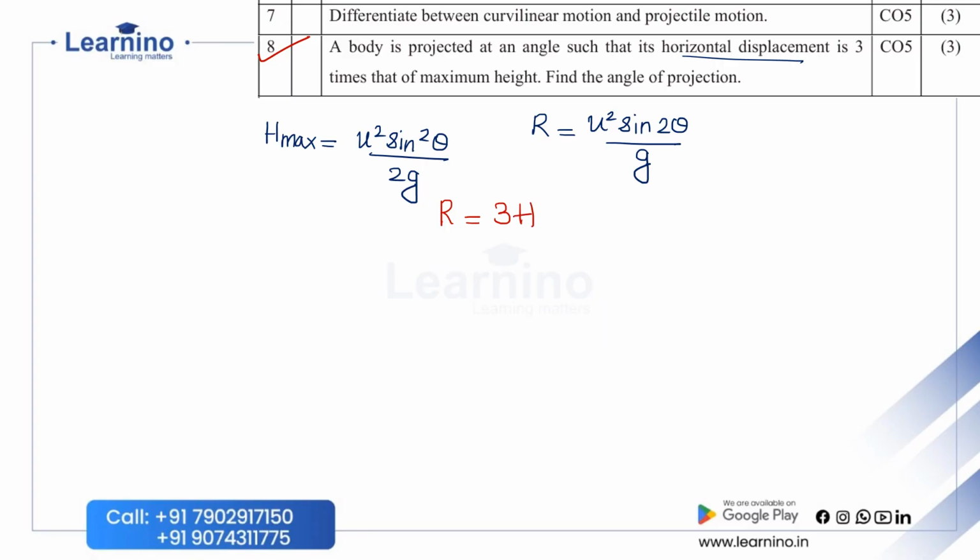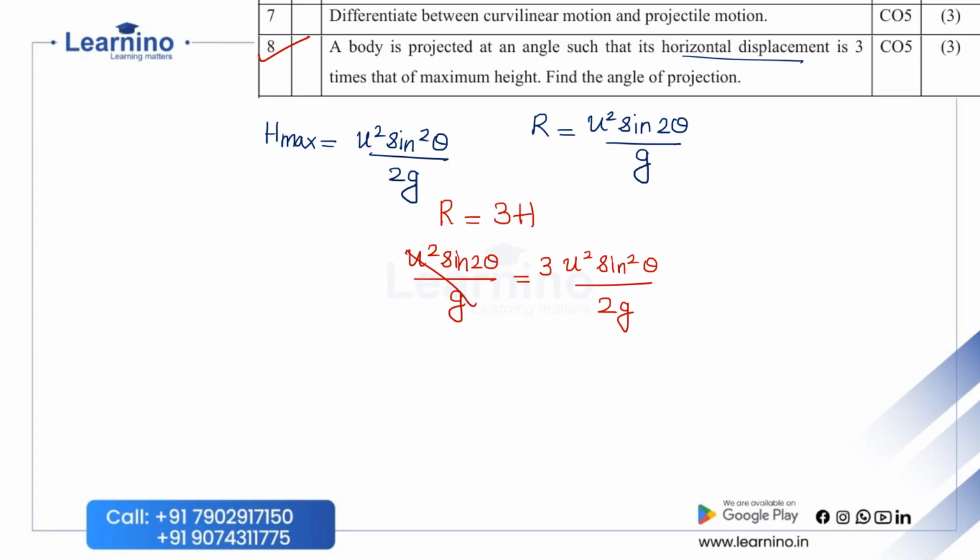So R is equal to 3h. R is u square sine 2 theta divided by g, that is equal to 3 times h, that is equal to 3 times u square sine square theta divided by 2g.